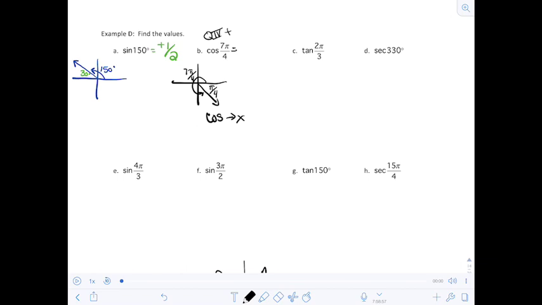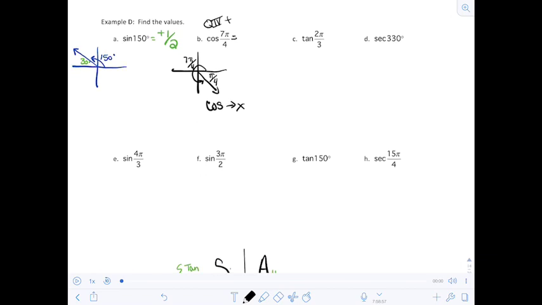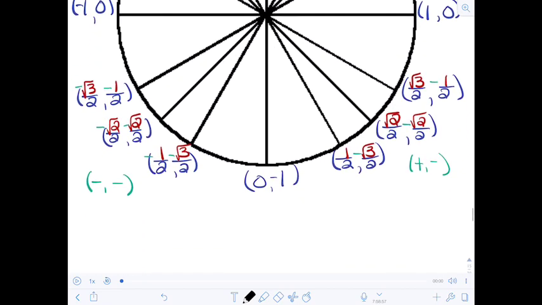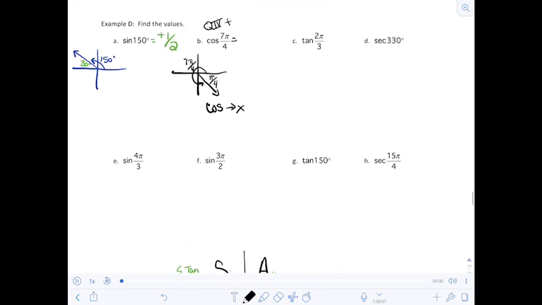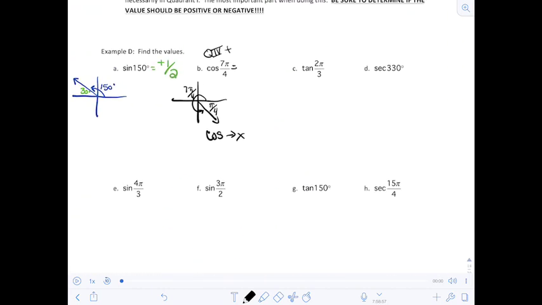So let's go look at pi over 4, or 45 degrees, as a reference angle in the fourth quadrant. That's going to be my x value, and that's the square root of 2 over 2. So that would be the value of the cosine of 7 pi over 4. It's the square root of 2 over 2, because it's just the x coordinate.